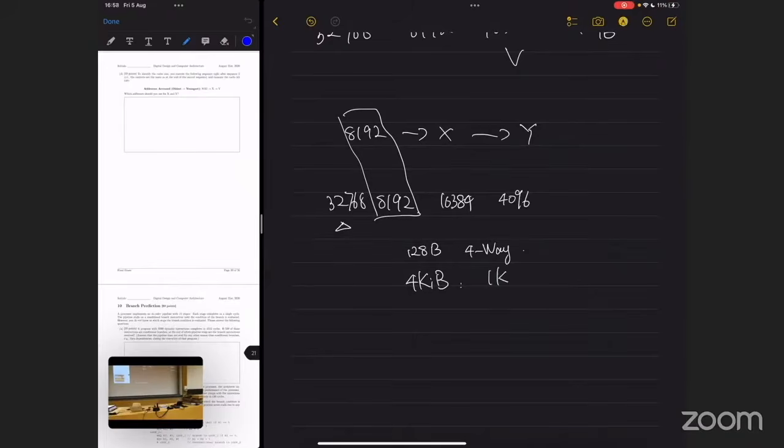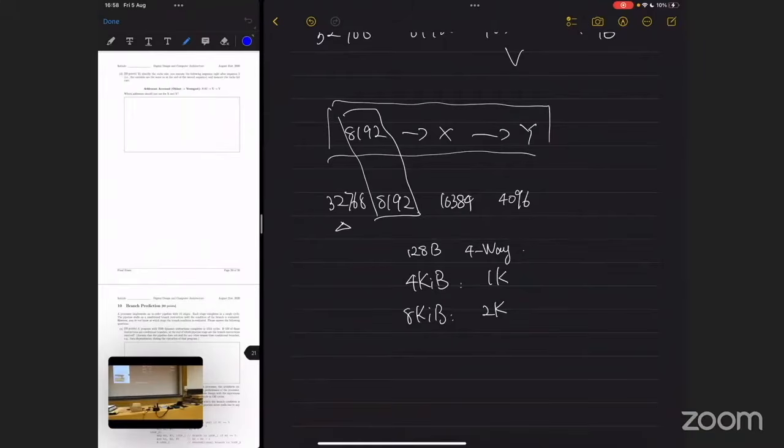So all the addresses that are multiples of 1K will hit in the same set. And for 8 kilobytes, all the addresses that are multiples of 2K will hit in the same set.